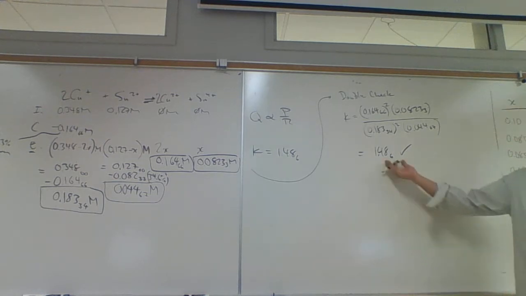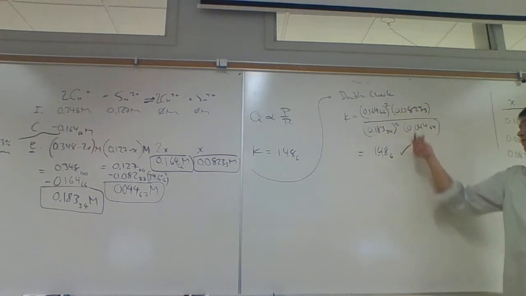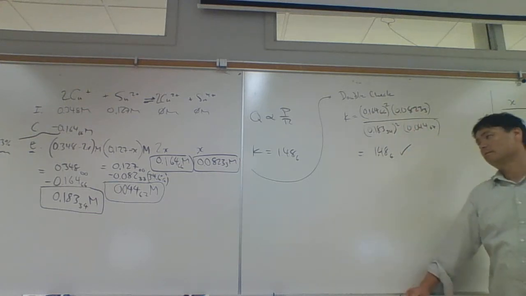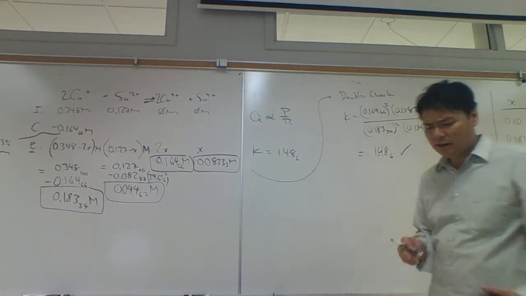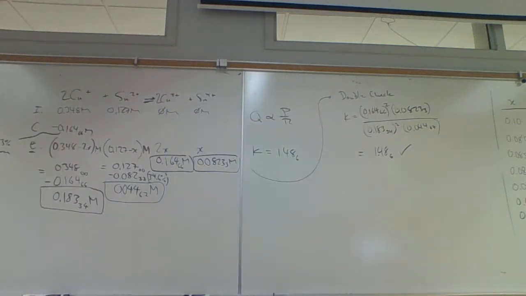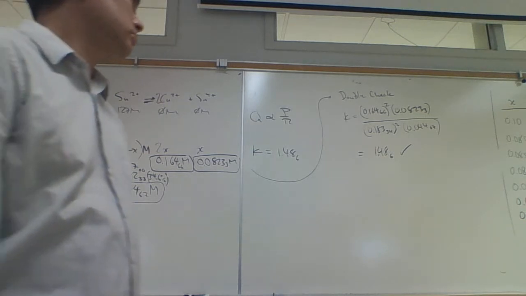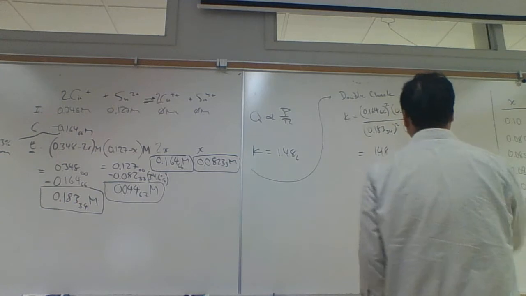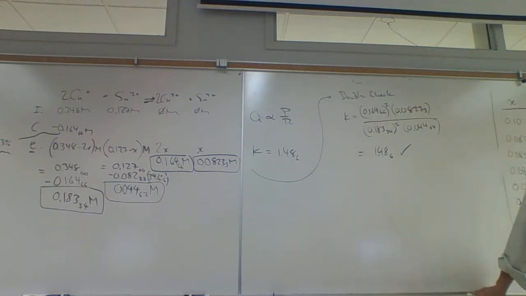Now sometimes this is off because of round off. Again, sometimes it's off because of other means. So if it's off a little bit, it's likely due to round off. If it's off more significantly, it could be due to extreme rounding, which you shouldn't do, or it could be due to a setup error.